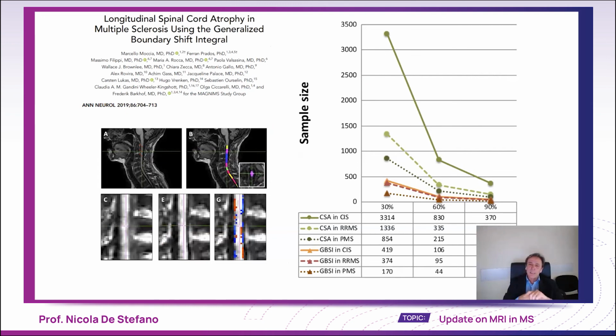The sample size, as you can see here, with the new approaches, is very much better compared to before, and the spinal cord is actually filling the gap with the brain in understanding the disease, but also in monitoring patients with MS. It will be used very much, I bet, in the future.